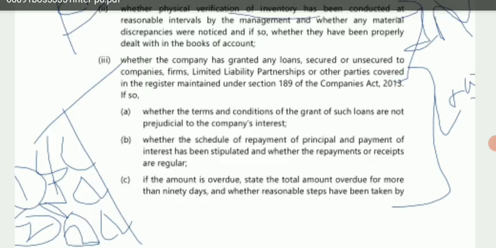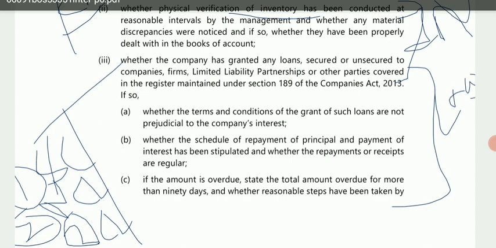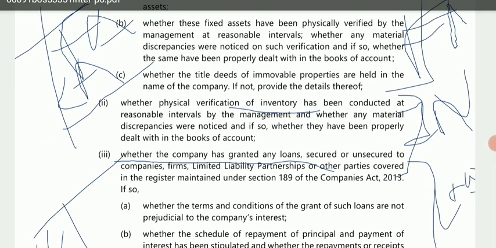Here, what you have to disclose is whether the company has granted any loans, secured or unsecured, to companies, firms, LLPs or other parties covered in the register maintained under section 189 of the Companies Act. That means here they are writing about whether the company has granted any loans, so they are talking basically about the asset side only.